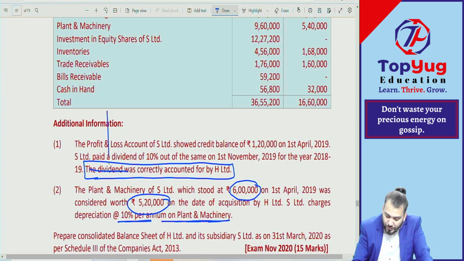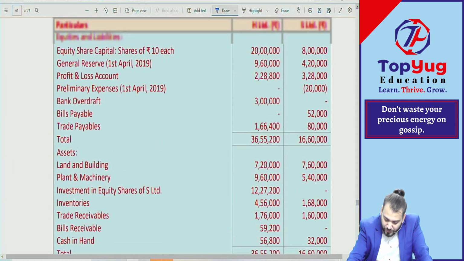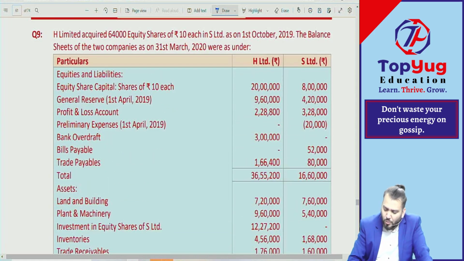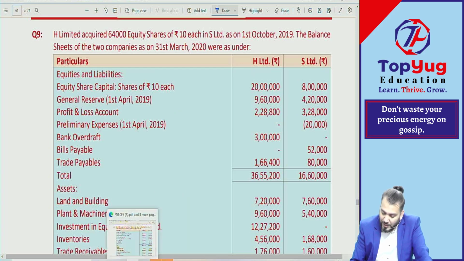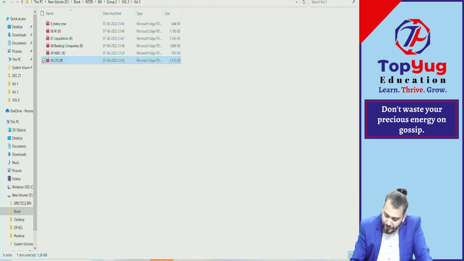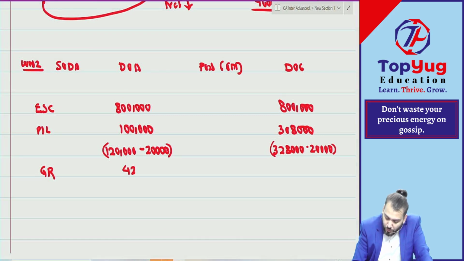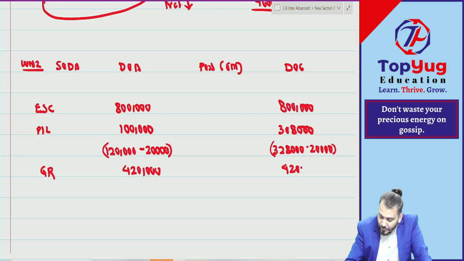Opening balance and closing balance are the same. Correct. So 4,20,000 and 4,20,000. So there is a difference in this only. It is what? 2,08,000. No difference here.